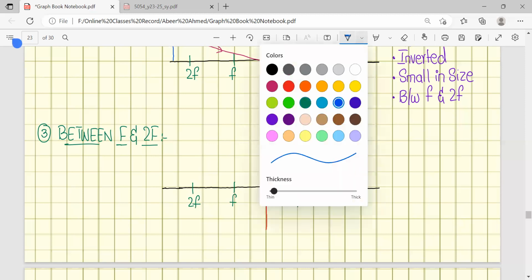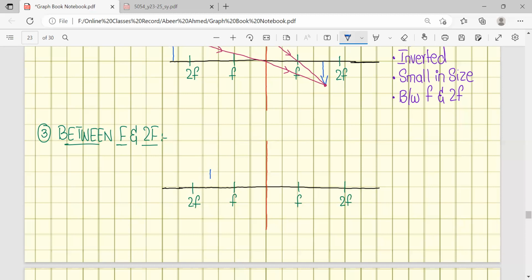Object is going to be placed between F and 2F. And now the image is going to be formed beyond 2F, right?